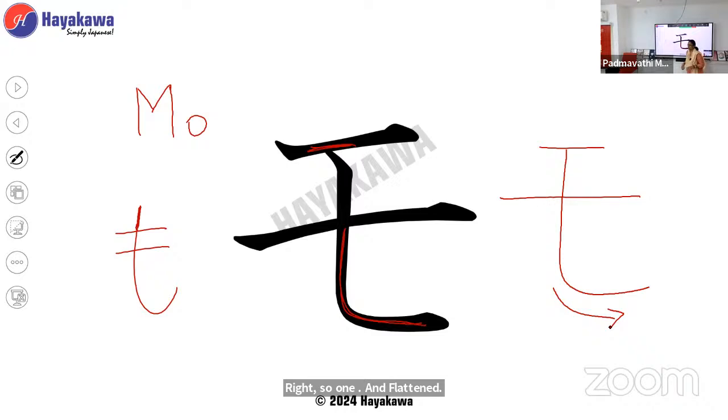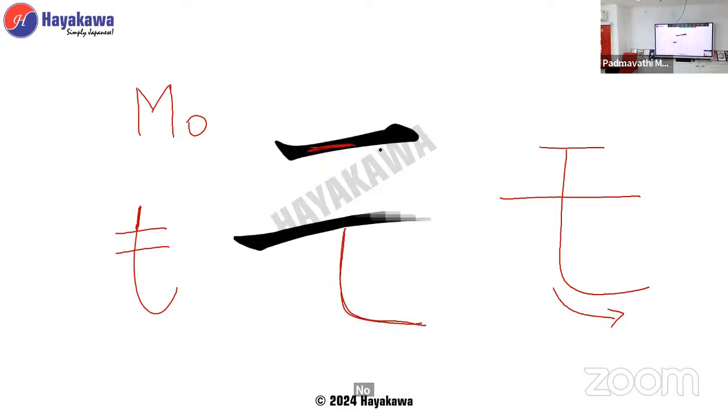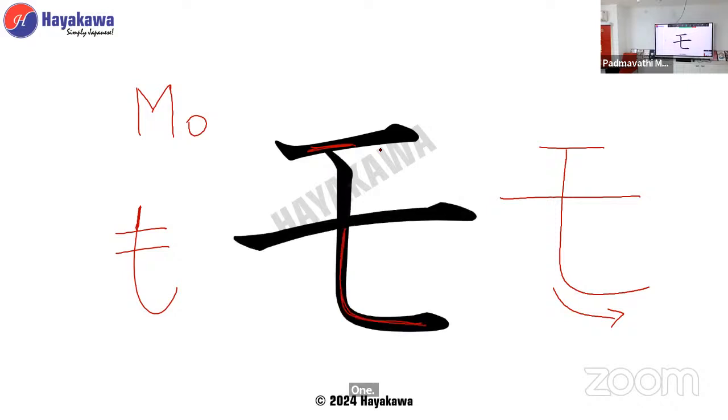This is going to be mo. Ma, mi, mu, me, mo. 1, 2, and 3.